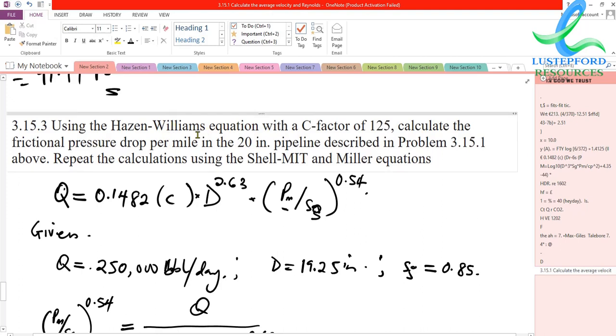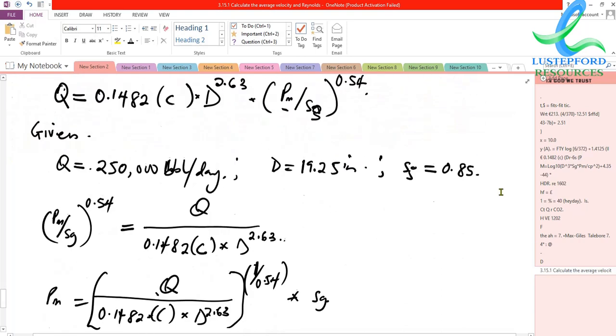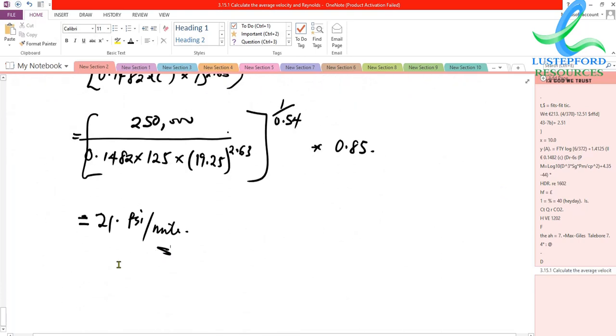This is the answer using the Hazen-Williams equation. Now using the Shell-MIT equation.